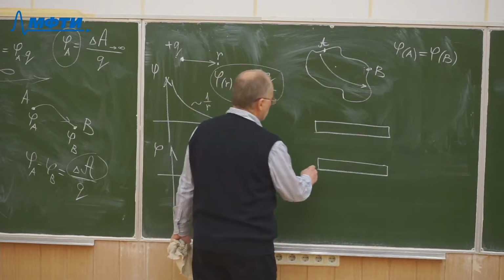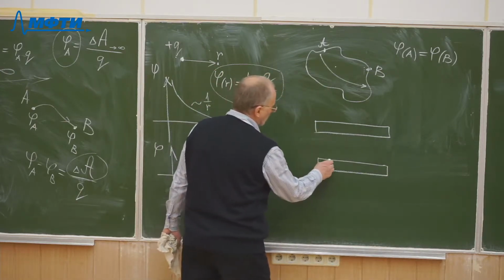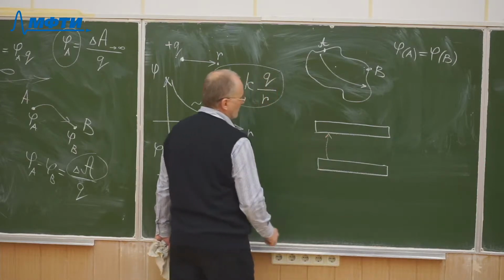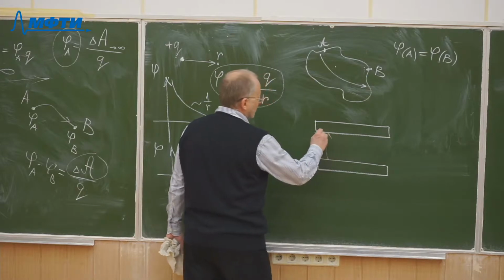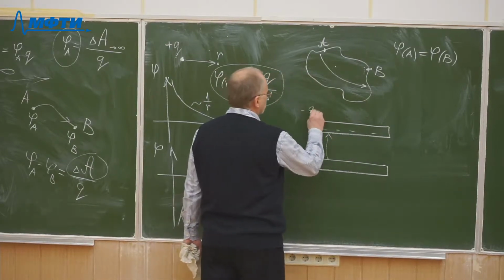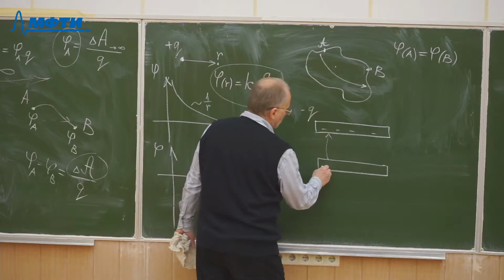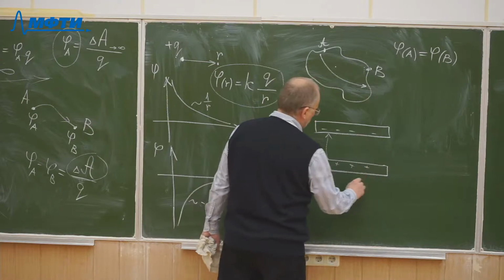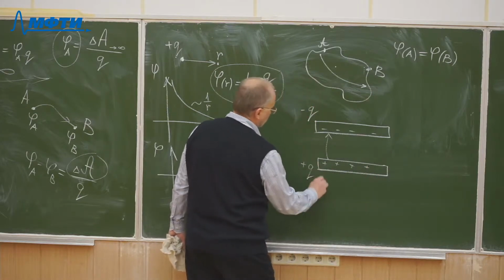And if we take some charge, a few electrons from the lower plate, and put them on the upper plate, then the upper plate will have an excess of electrons. It will have some negative charge, minus Q, and the lower plate will have some excess of positive charge, so it will be charged positively.